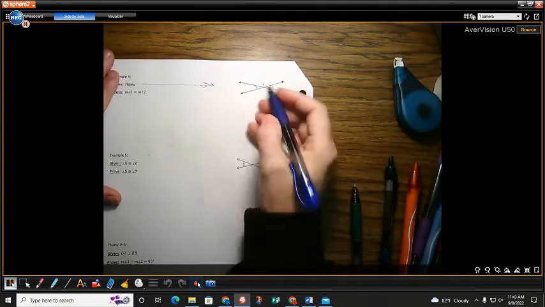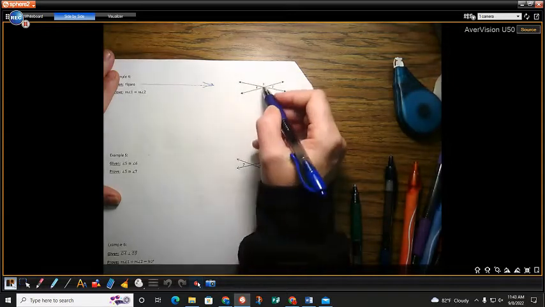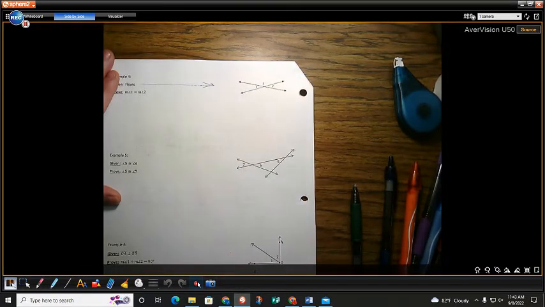Do I have linear pairs in this picture? Yes. Do I have vertical angles? Yes. Do I have adjacent angles? Yes, linear pairs are always adjacent. Do I have betweenness showing up? No. So I have three possible things I could see in this picture.